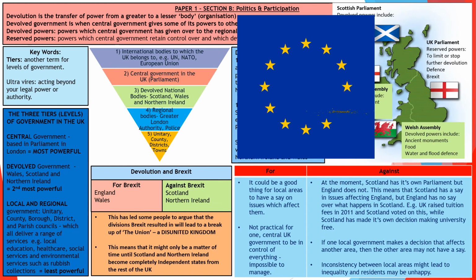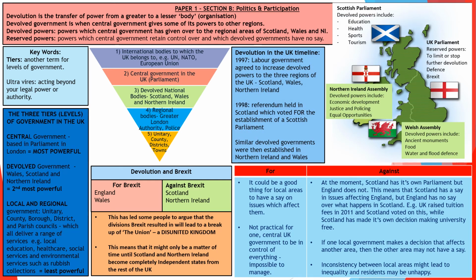And then finally, just thinking about devolution and Brexit, there was quite a lot of difference between the different countries. For example, in terms of favouring Brexit, England and Wales voted in favour of Brexit, Scotland and Northern Ireland voted against it. So the different regions voted differently.